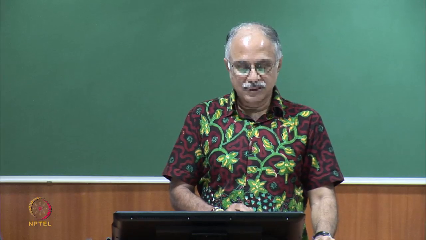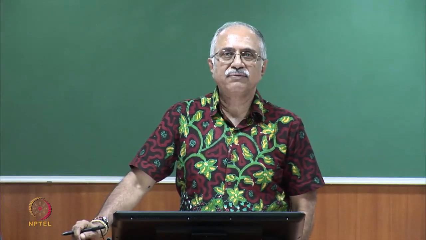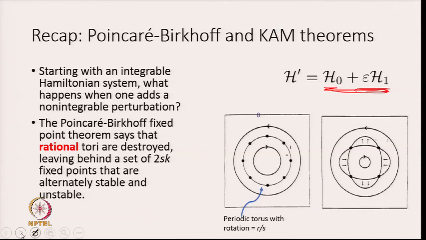This is the second lecture on Hamiltonian chaos, and in the previous lecture we had discussed the Poincaré-Birkhoff and KAM theorems. The Poincaré-Birkhoff theorem and the KAM theorem address the fate of Hamiltonian systems when non-integrable perturbations are added to an integrable part.